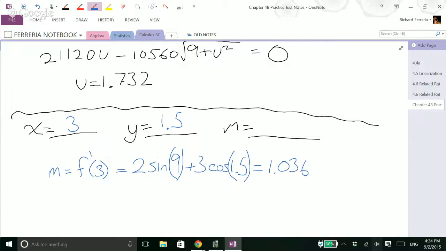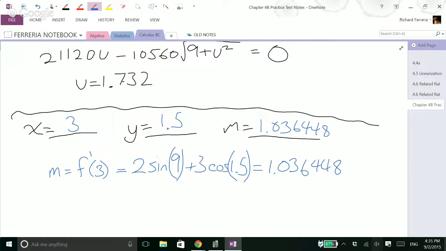1.036. That's not a final answer, is it? No, that's not the answer to part A, though, right? So we can't leave this at 1.036. We need a couple more digits. 448. Okay, so that's my slope, 1.036448.